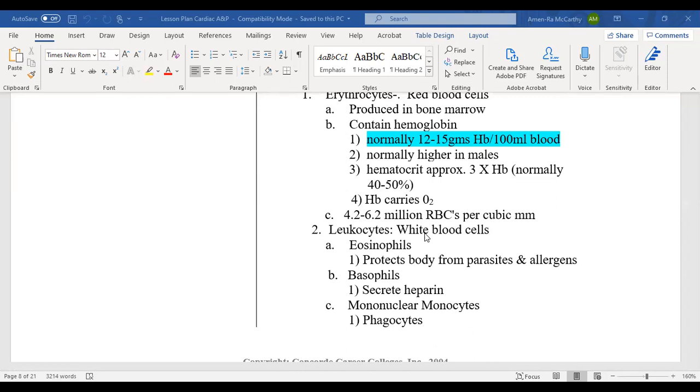The normal white blood cell count is 5 to 10,000. If I see you have a white blood count of 25,000, you have a bacterial infection, because white blood cells only increase in the presence of a bacterial infection.